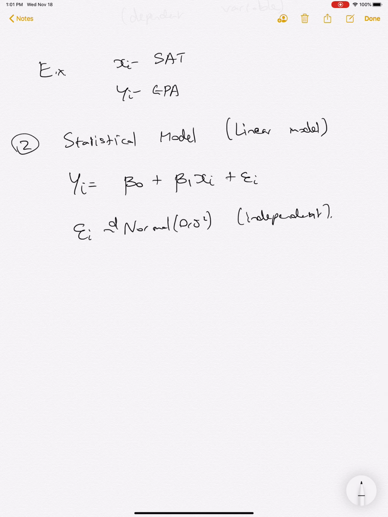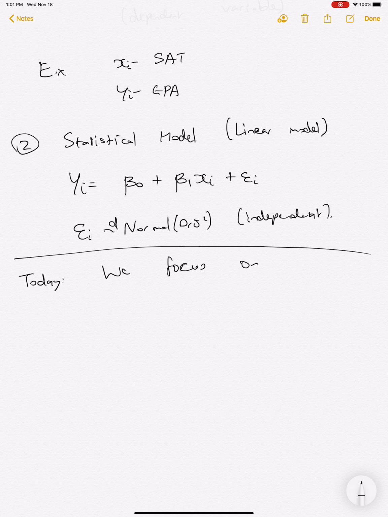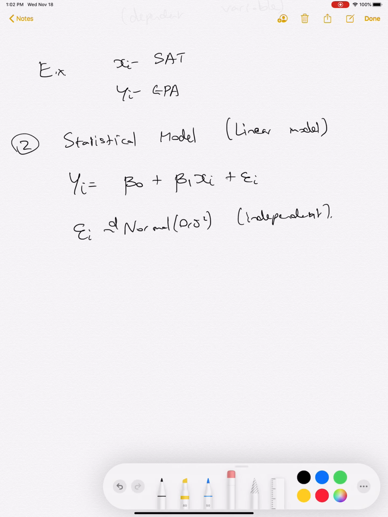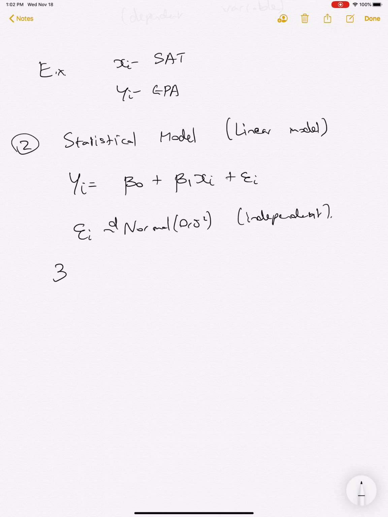One thing I should mention first is that in this model there are 3 parameters of interest.